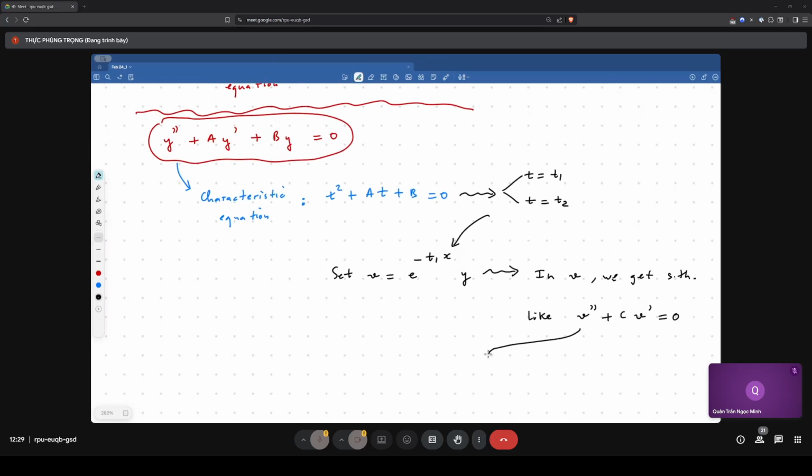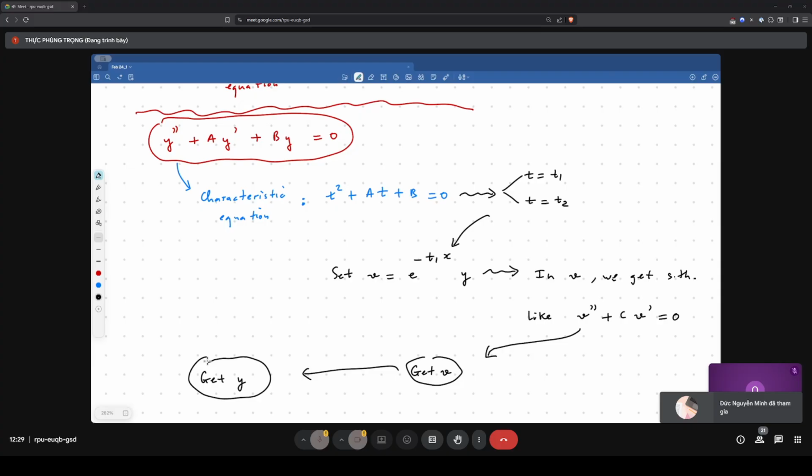And then you can easily get v from here, right? This is just example 1. You just set u as v prime, and then you get v. And then you get, of course, y. So this is the outline we have.